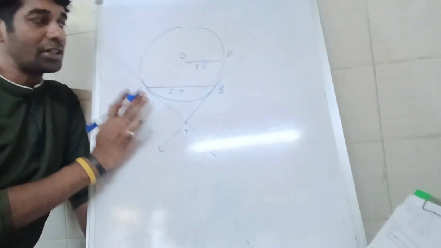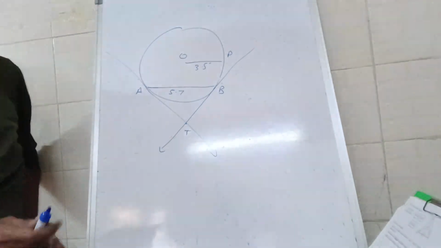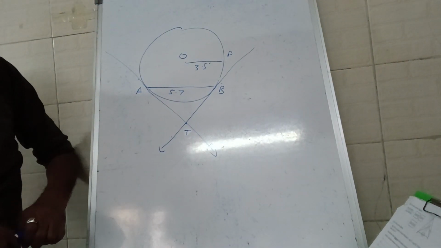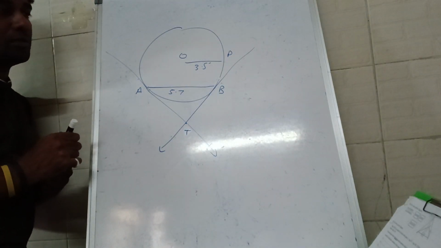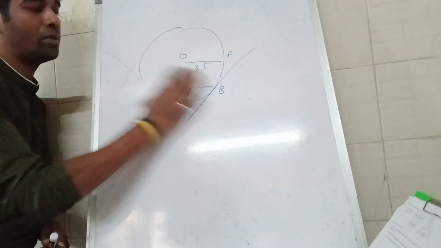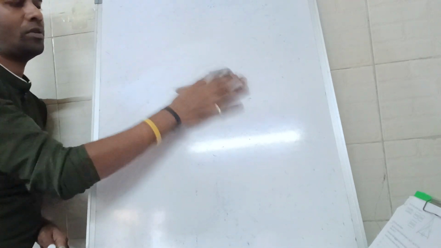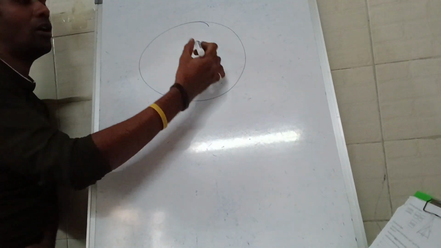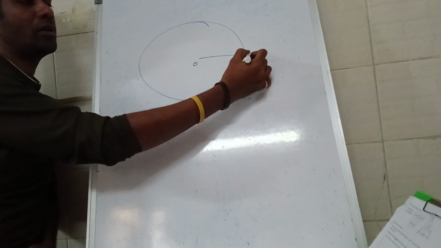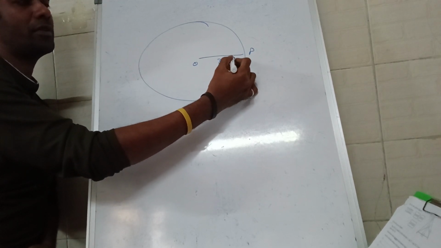Now to construct this, I have to first draw a circle of radius 3.5.